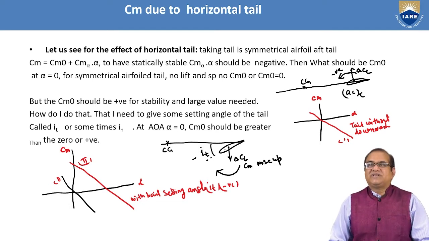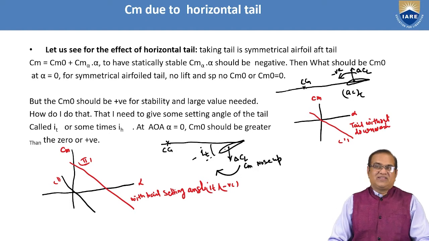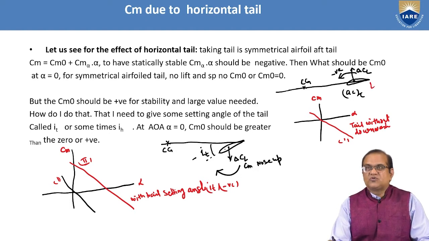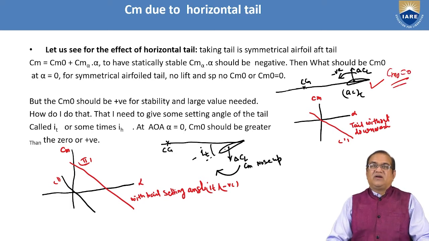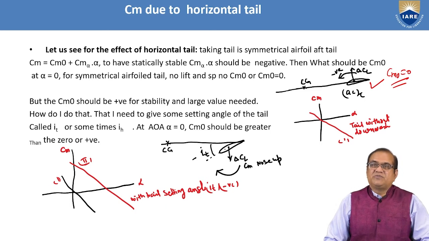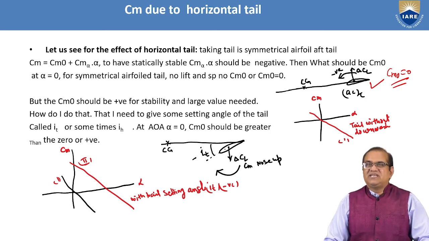Then what should be the Cm naught at alpha is equal to 0? For a symmetrical airfoil tail, no lift and no Cm naught, or Cm naught will be 0, as shown in this diagram. But the Cm naught should be positive for stability, and a large value is needed.